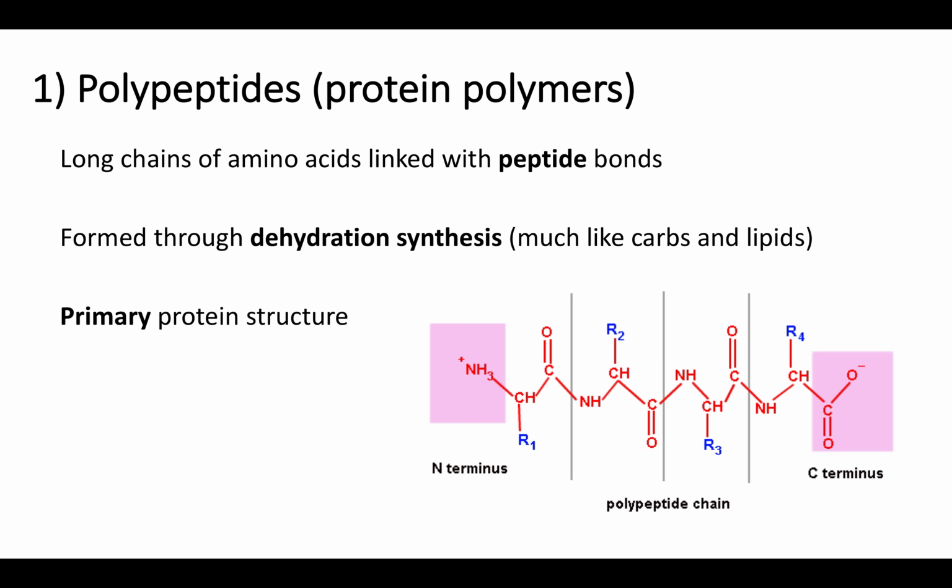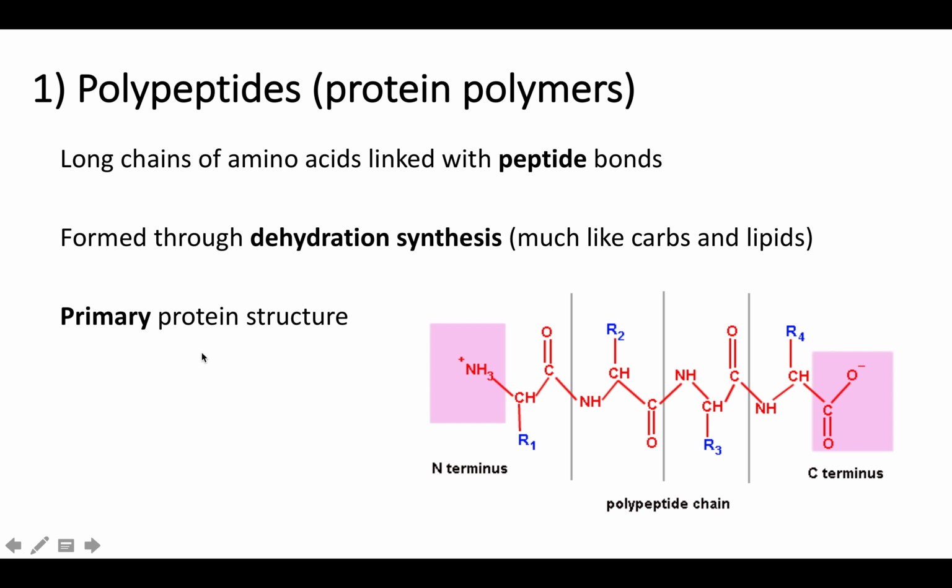Obviously, I can't do that over a video, but another example is links in a chain. Each individual link is an amino acid, and you chain them together to make a long string of links. We call that a chain, and that is sort of analogous to a polypeptide. So that's the primary level of protein structure.